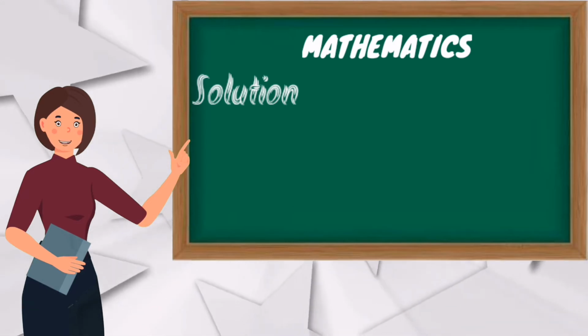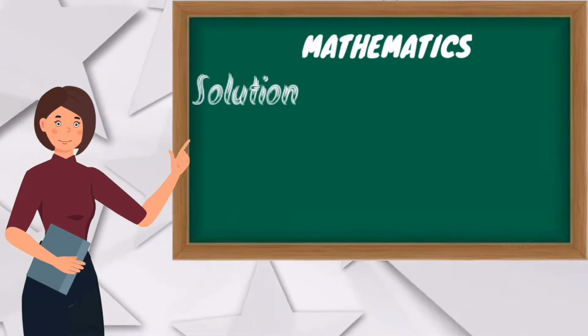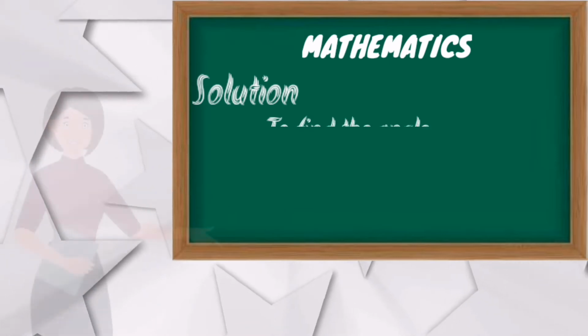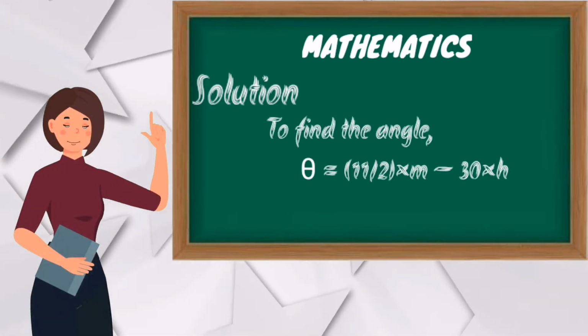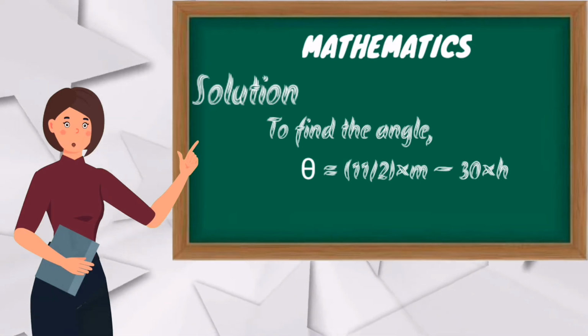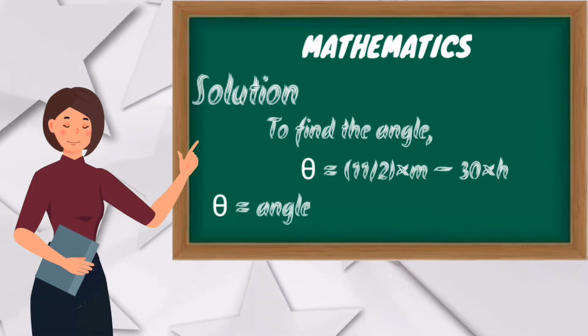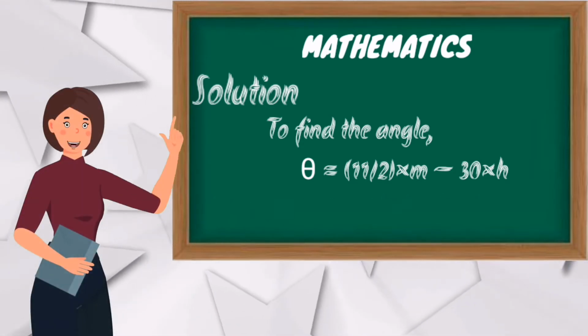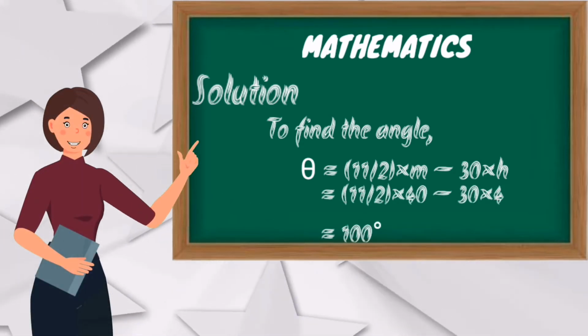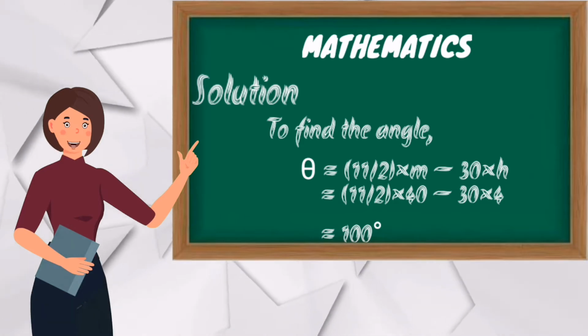So, to calculate the angle, we can simply use a formula, and the formula is theta equals 11 by 2 into m minus 30 into h, where theta indicates the angle, m is the minute, and h is the hour. And by substituting the values for m and h, we can get the angle between the needles.